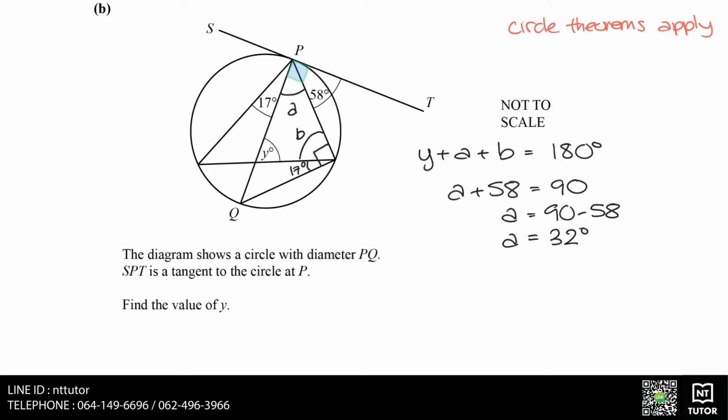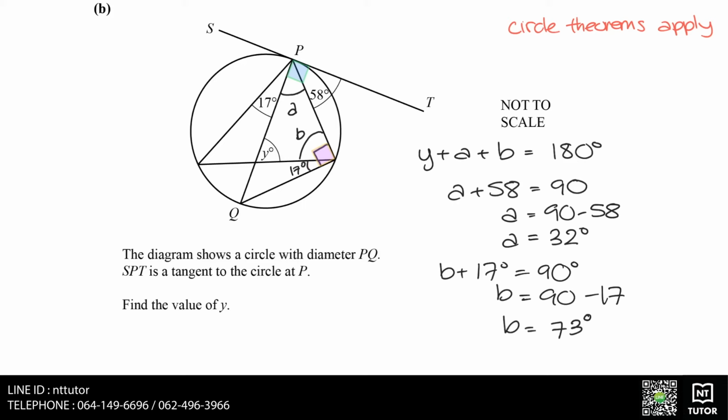We can also find out angle B in a similar way, because angle B and the angle 17 also make a right angle triangle. This means that B plus 17 equals 90, and we can solve for B doing 90 minus 17.